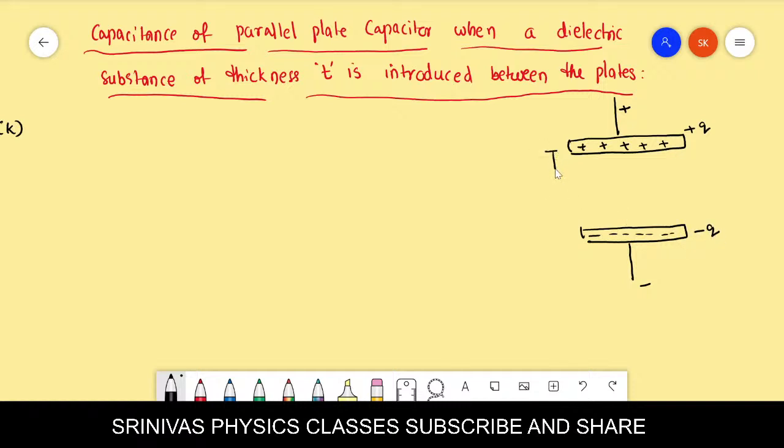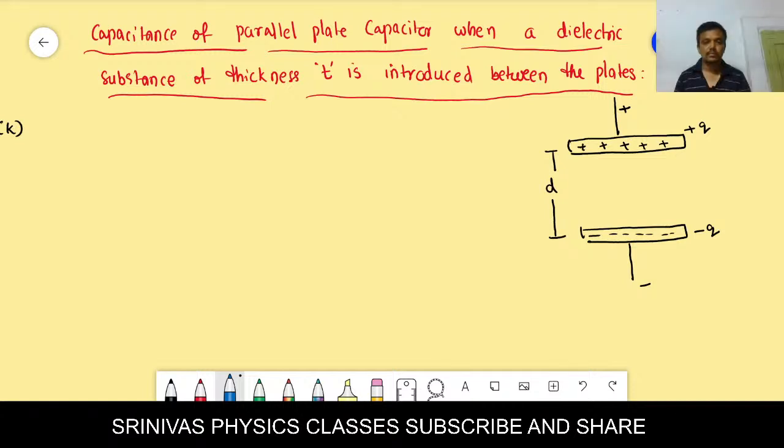The separation between the two plates we can consider as D. Firstly, without any dielectric, I derived the formula epsilon naught A by D. When the space between the plates is completely filled with the dielectric, I derived K epsilon naught A by D. Now the capacitance formula I am going to derive is for when the dielectric is partially filled.